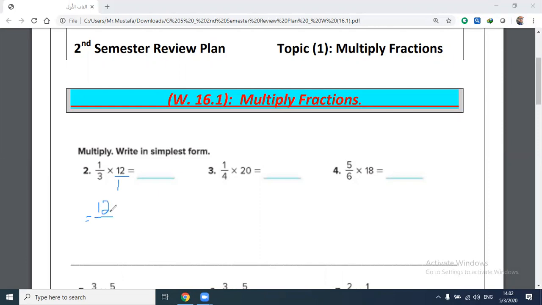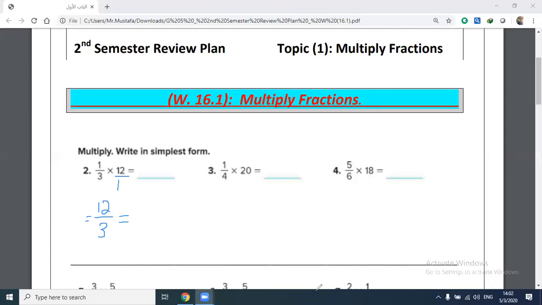This is the product of the numerators. Then multiply denominators: 3 times 1 equals 3. And then 12/3 means 12 divided by 3. 12 divided by 3 equals what?